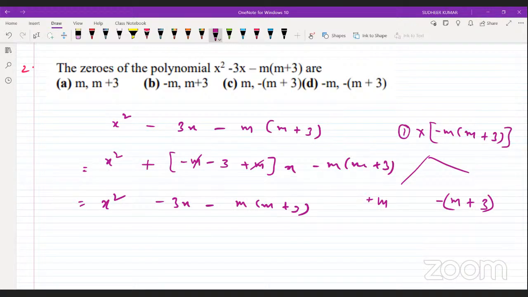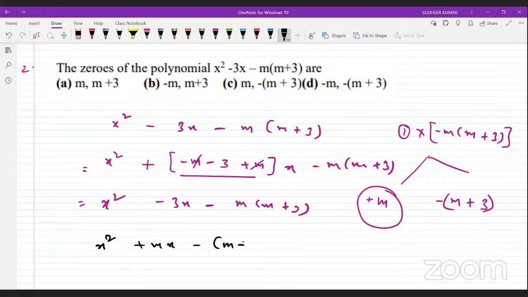So the zeros of the polynomial are. What do we get as the zeros of the polynomial? We have seen that we can express it in this form. So let's write this as x square plus mx minus of m plus 3 x minus m times of m plus 3.